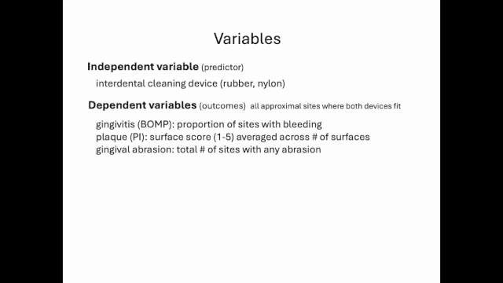The gingivitis, which they measured as the bleeding on marginal probing. Plaque index they used for measuring plaque. They scored each surface that they accessed from 1 to 5 and then averaged them for a plaque score for the whole cleaning device for that individual. And then gingival abrasion was just counting up the number of sites that they were interested in that showed any abrasion.